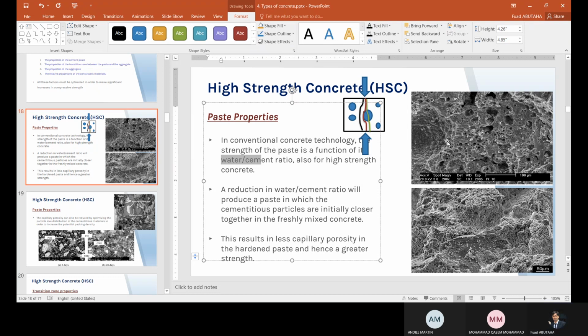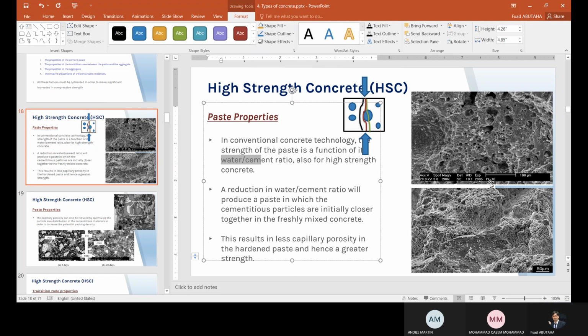This one, the water cement ratio, is higher than the water cement ratio here. And the cement paste here, because the water cement ratio is higher, you can see that there are so many voids inside. And the more voids, the lower the strength of concrete, whereas if we decrease the water cement ratio, we can make the concrete more compacted.